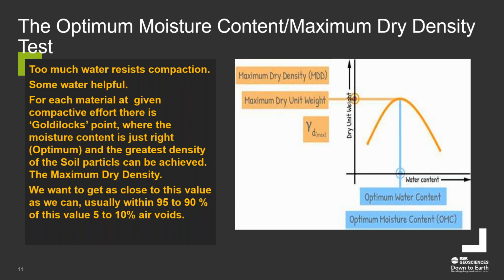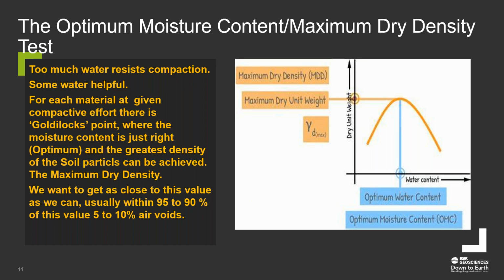For each material or soil, at a given compactive effort, there is a sweet spot, a Goldilocks point, where you have just the right amount of moisture to grease and allow the particles to move easily, but where it isn't resisting the compaction.